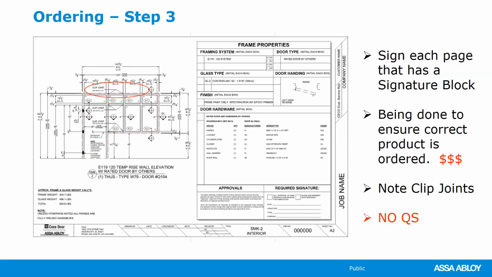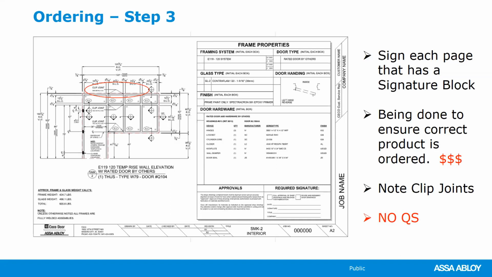One important thing to remember is the signature, and there is a reason that signature is there. As you might expect with all the additional material that goes into it, the amount of glass, the preparation for the glass, the preparation of the frame, this product is not the same cost as a hollow metal frame of the same type or same size.